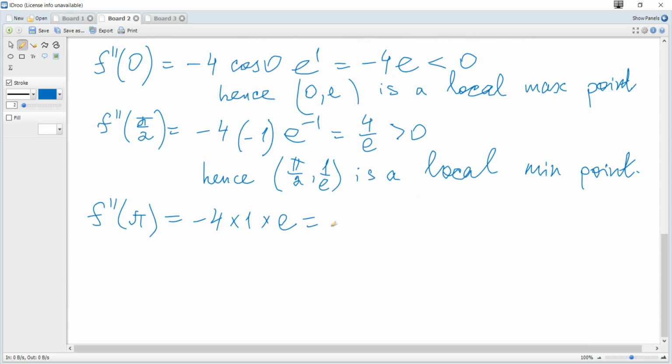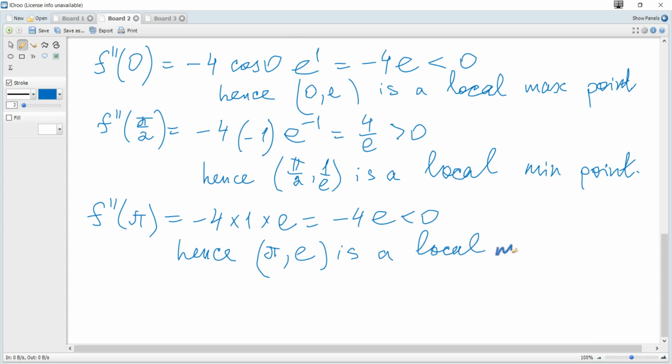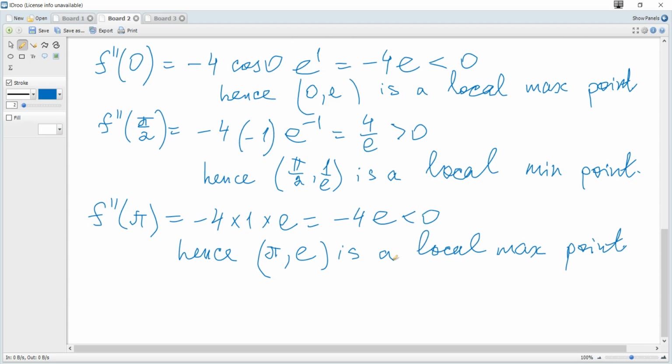And here it's just -4e, which is less than 0, hence (pi, e) is a local maximum point.